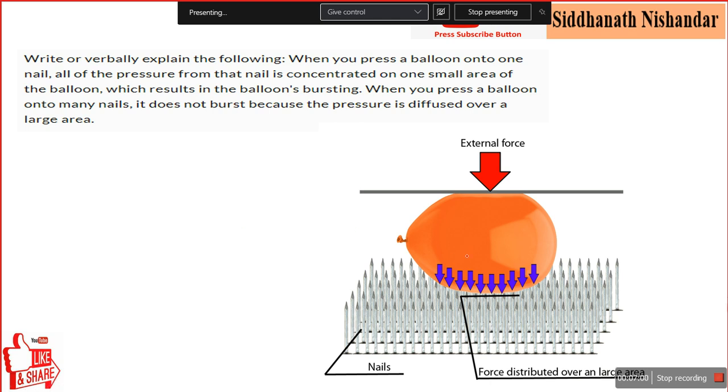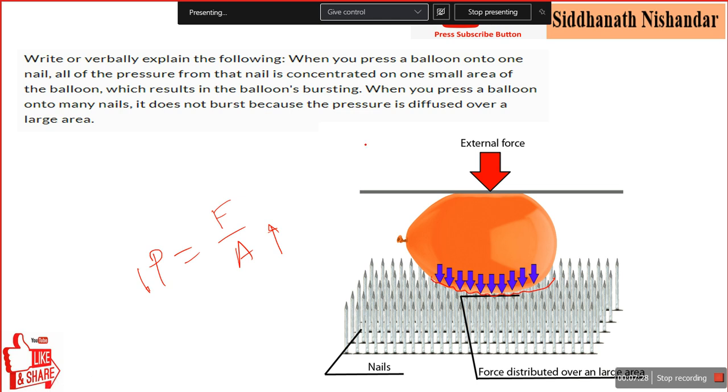In the previous case, the load is concentrated on a single area. Now the whole load is distributed over a large area. We know the fundamental formula: pressure is equal to force upon area. As the area increases, the pressure decreases. So the balloon can't burst.